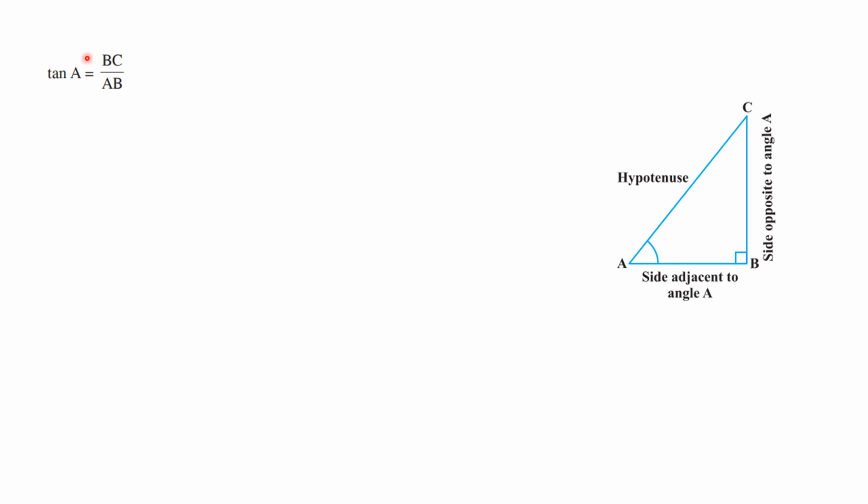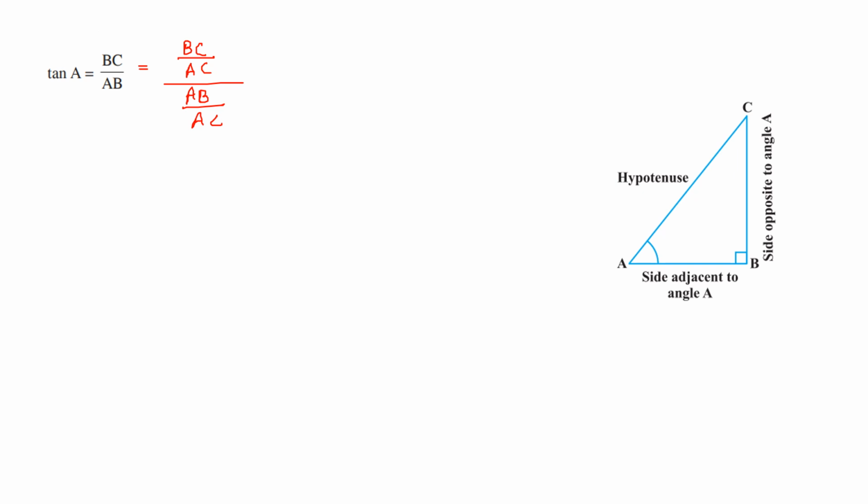That's why I have written here again tan A is BC by AB. Now I am going to divide by hypotenuse, which is AC, in both numerator and denominator. So what will it become? It will be BC by AC, by AB by AC. What I did, I divided by AC in both numerator and denominator.